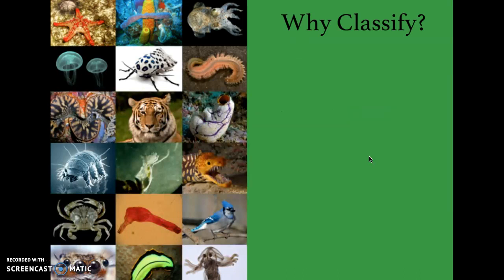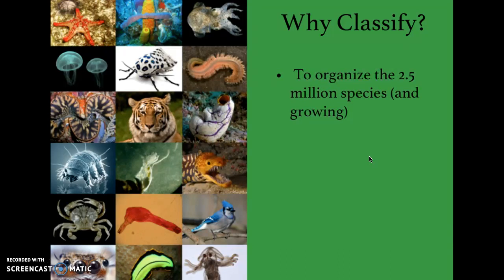So why are we classifying? We classify to organize the 2.5 million species that we've identified. Not that there are only 2.5 million species, but there are 2.5 million species that we have classified as scientists. And that number is growing. Every year we find new species, particularly insect species.